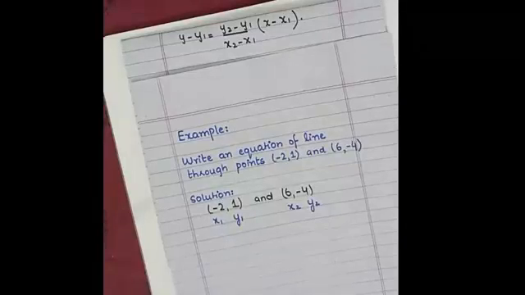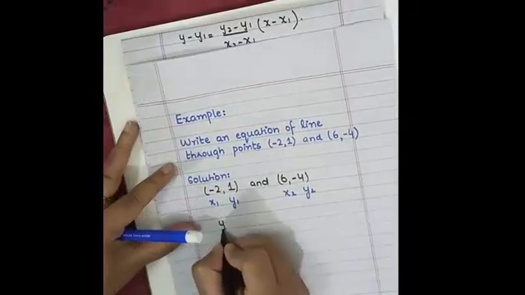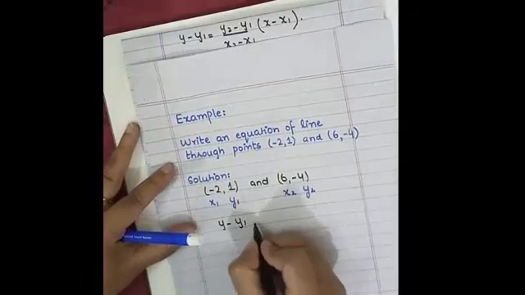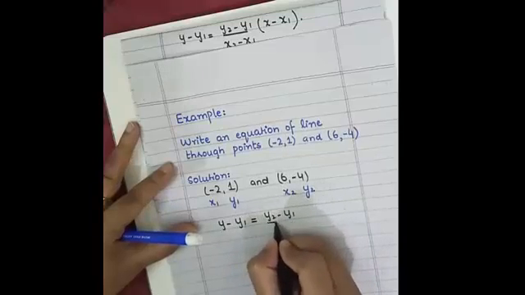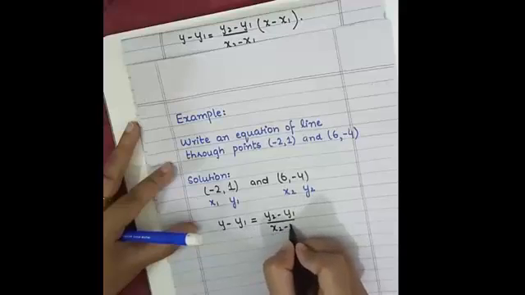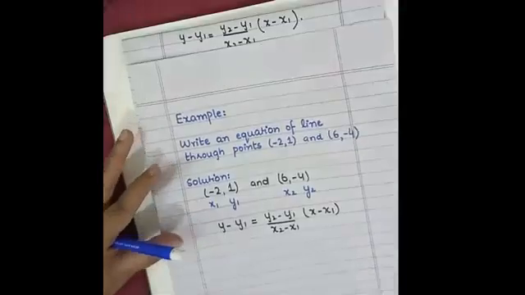The formula to form an equation from 2 points is y minus y1 is equal to (y2 minus y1) divided by (x2 minus x1) into (x minus x1).